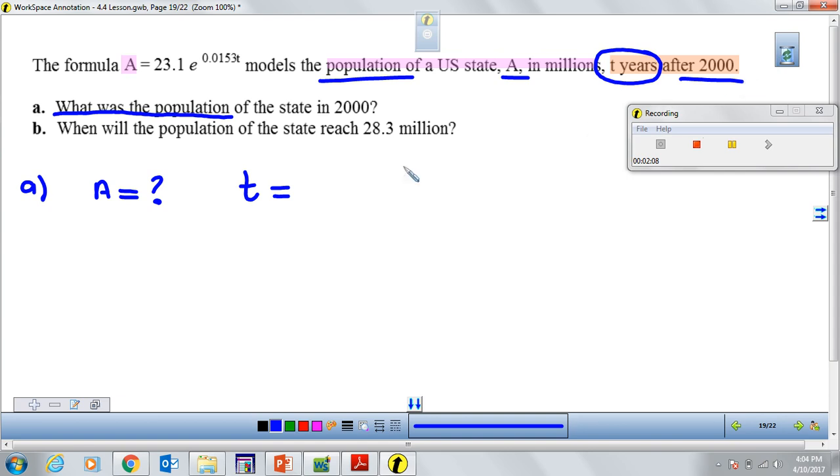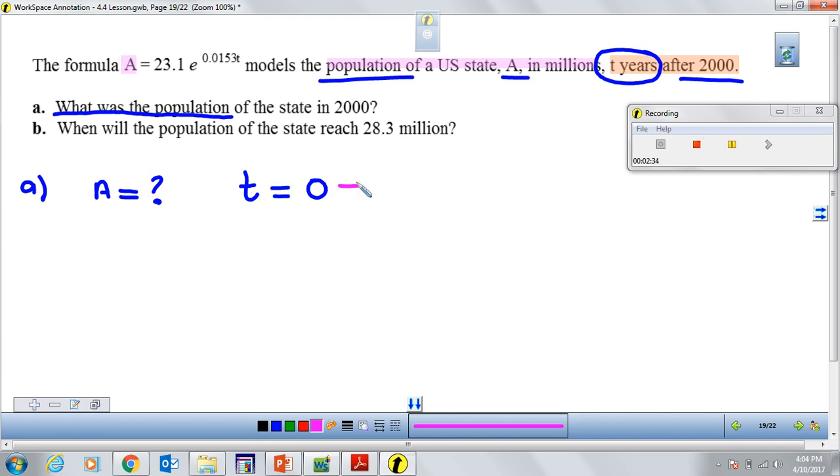If I ask you how many years have passed from the year 2000 to the year 2000, it's 0 years. We're still in the same year. If this formula is calculating population starting at the year 2000 and they're asking you in the year 2000 what was the population, then 0 years have passed.